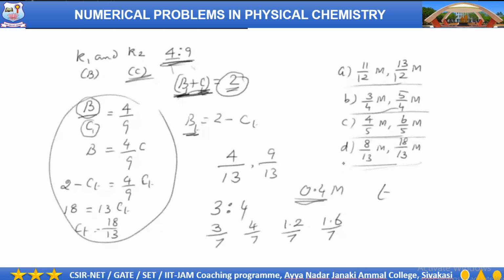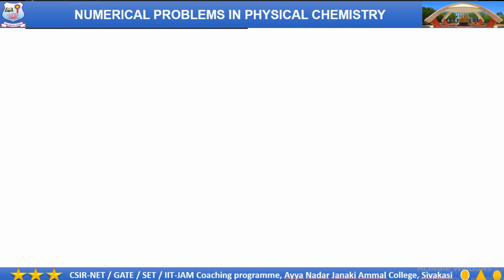Okay? And shall we move to the last type of kinetics, consecutive reactions? And what do you mean by consecutive reaction? Now, we have seen A giving B product irreversible, and A giving product in the reversible manner.